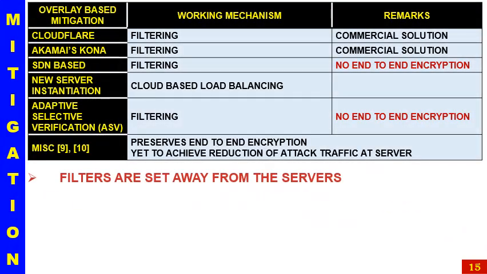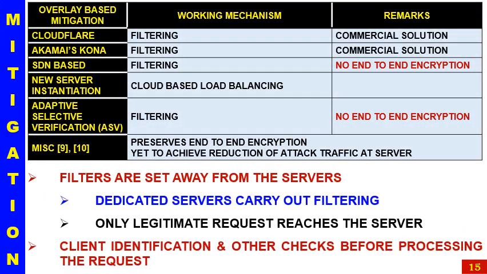Some servers also rely on overlay-based mitigation methods. These methods work on the principle of filtering and load balancing. These are commercial solutions which are already available, provided by Cloudflare and Akamai's Kona. Some SDN-based methods do not provide end-to-end encryption. The idea of filters is that we set them away from the servers.